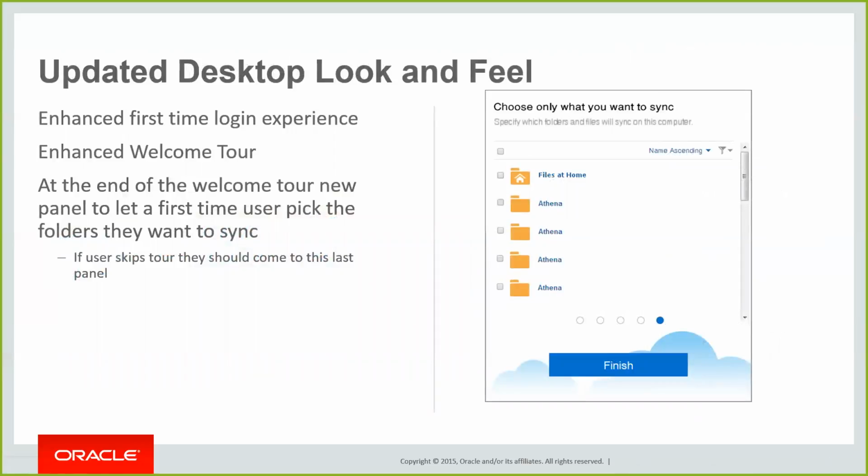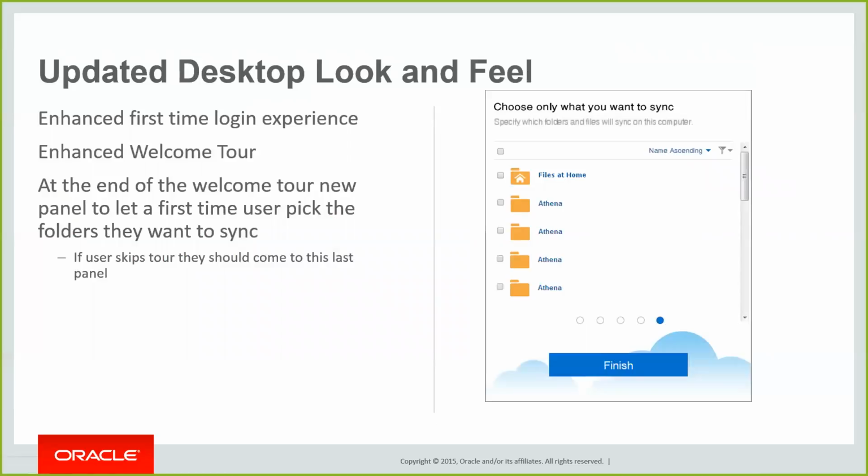For the desktop synchronization tool, a couple of new features were added. We are supporting, for a couple of versions now, multiple accounts. What was added in release 5, in the latest version of the Oracle Documents Cloud Service, was a new first login experience.